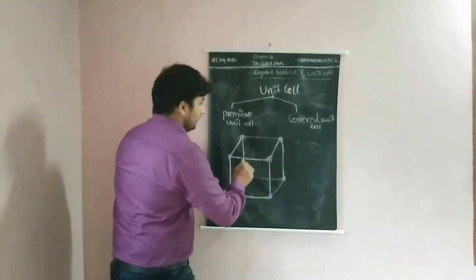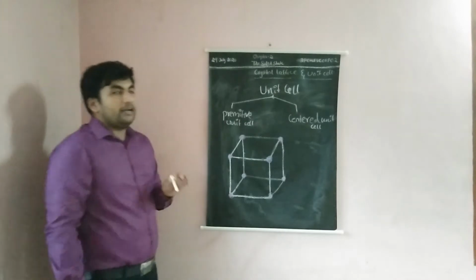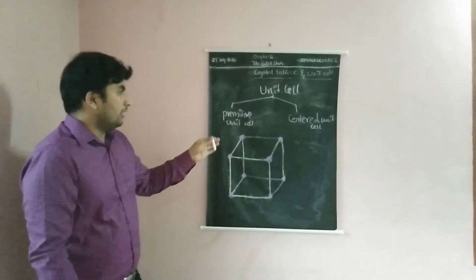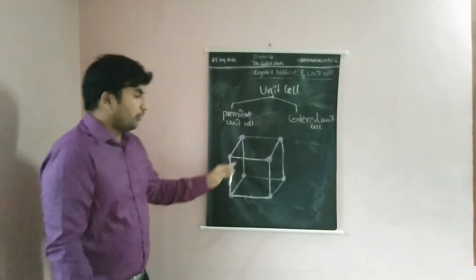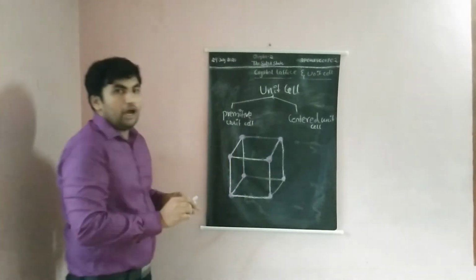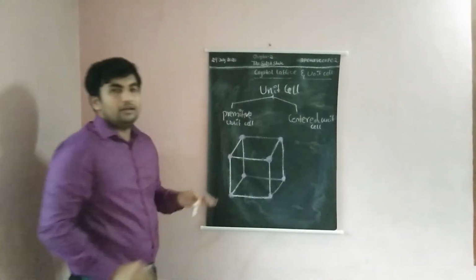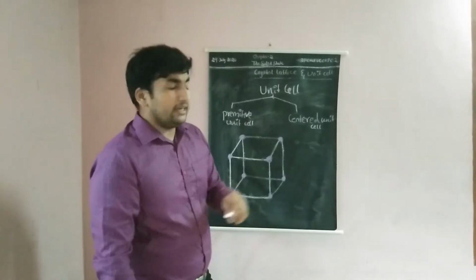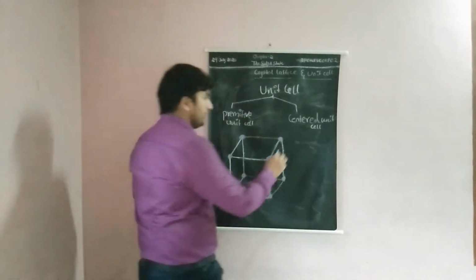Centered unit cells are further classified into 3 types.